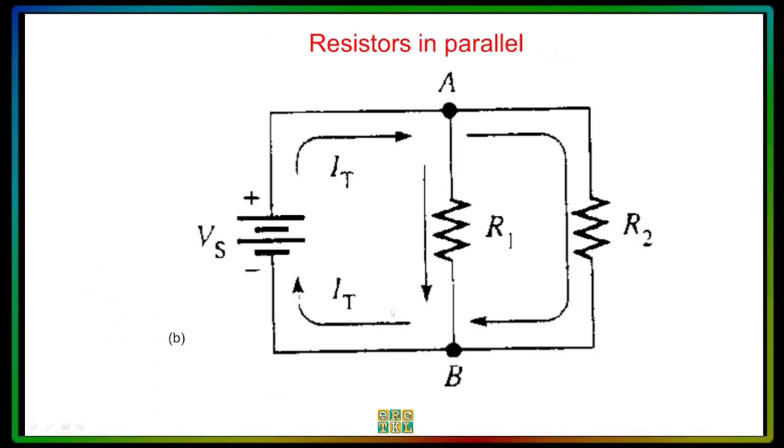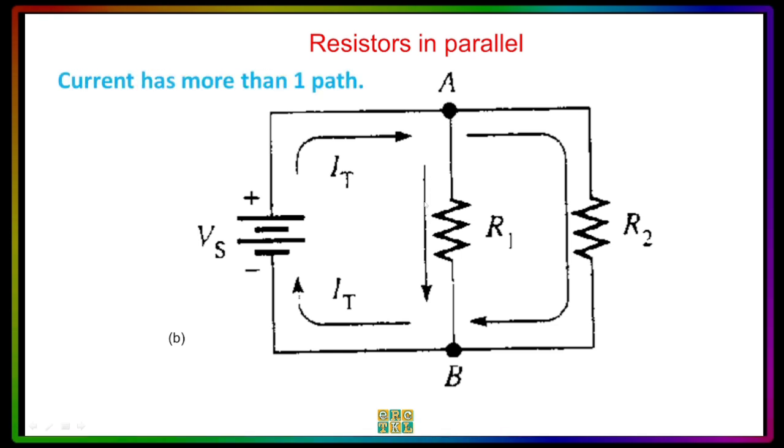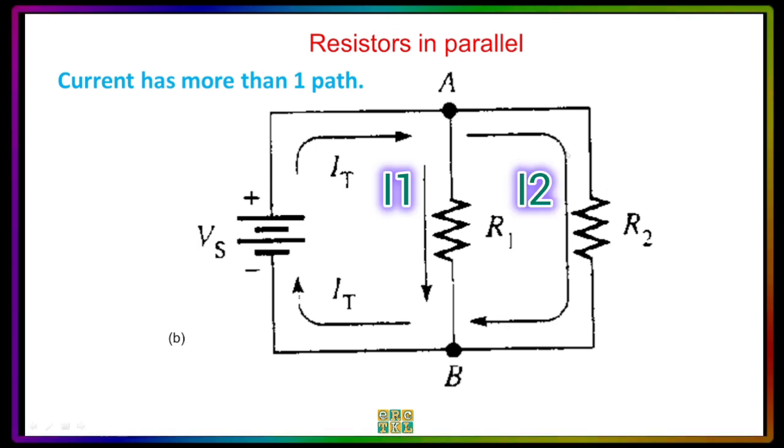This is another example of how to connect the two resistors in parallel. It's actually the same as the previous one, but there is a current symbol here, the IT, coming from the positive of the voltage source, and the IT is also the one going back to the negative or the minus of the Vs. Now R1 will have one current, I1, and R2 will have another current, I2.